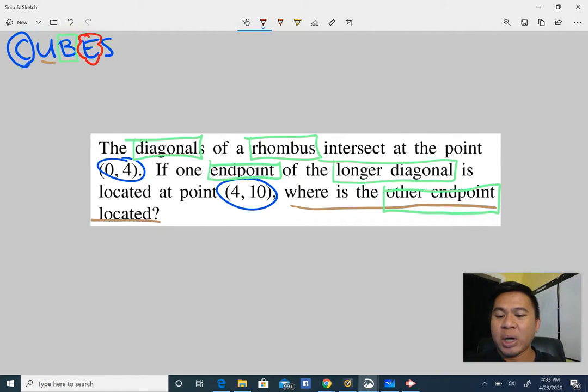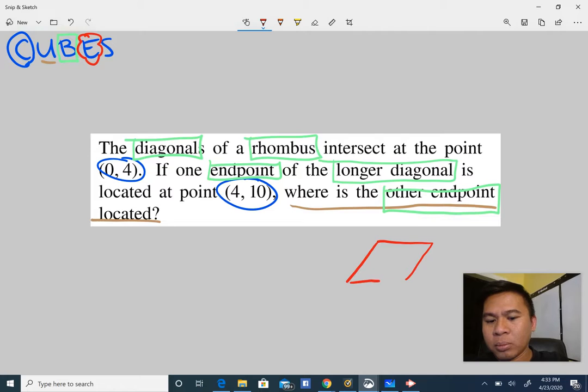So after this, we're going to our equation. To provide for our equation, we can draw our rhombus first in this case. Assuming that this will be our rhombus in here in red. So any rhombus will be equilateral.